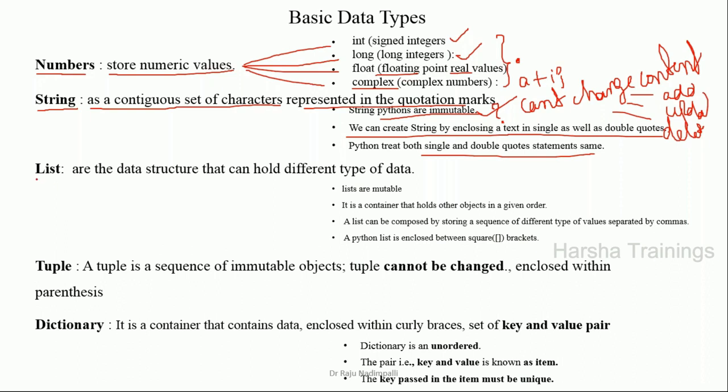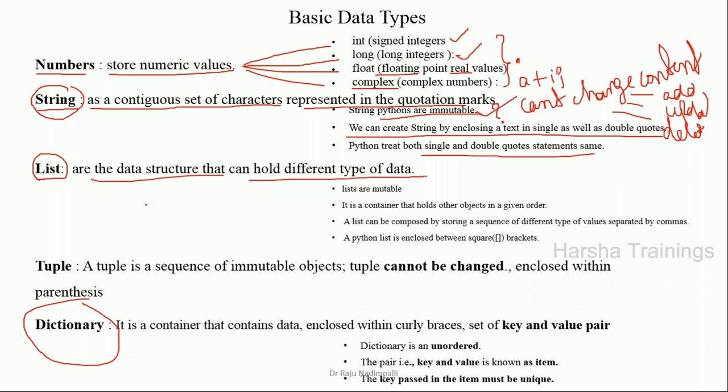Now the next data type is called list. This is the most useful. If you are good in string, list and dictionary, you can do any program and any project in core Python. Now list is a data structure. It can hold any type of data.